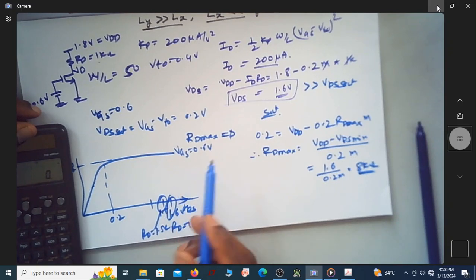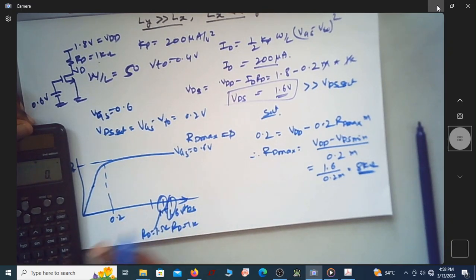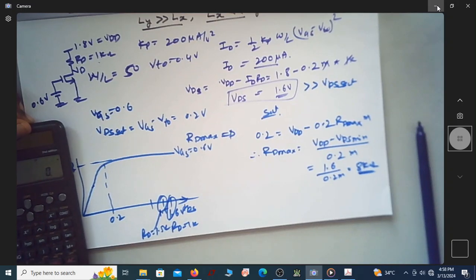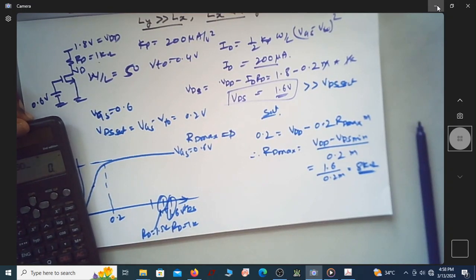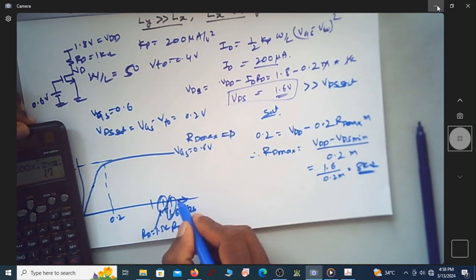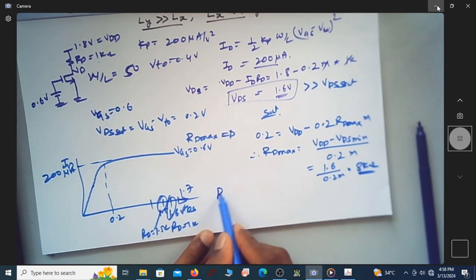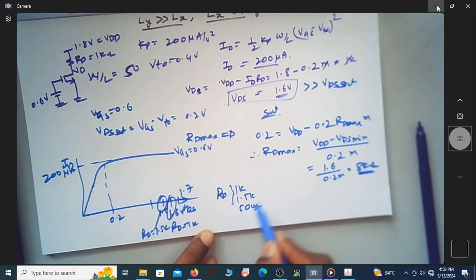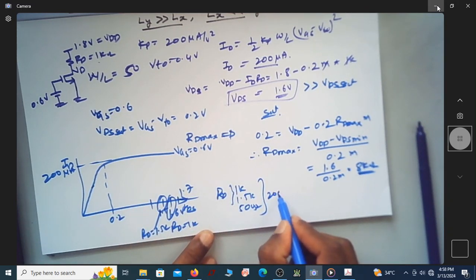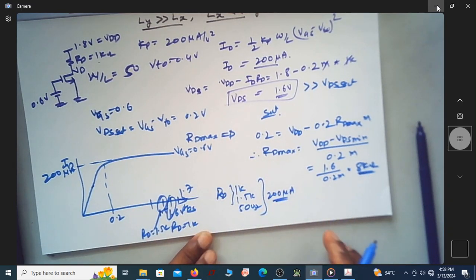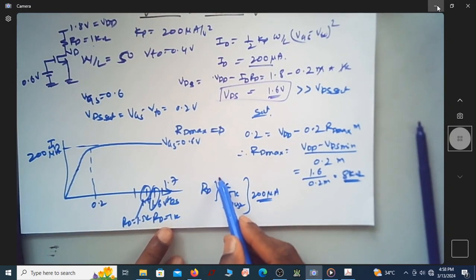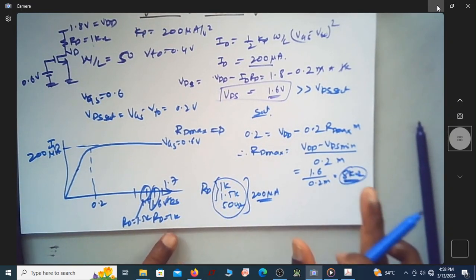When RD is equal to 500 ohm, it's 1.8 minus 500 into 0.2 exponential minus 3, it's 1.7 volt. So for all the values of RD, which is 1K, 1.5K or 500 ohm, the current is 200 microampere, because all these values of RD are far less than 8 kilo ohm.